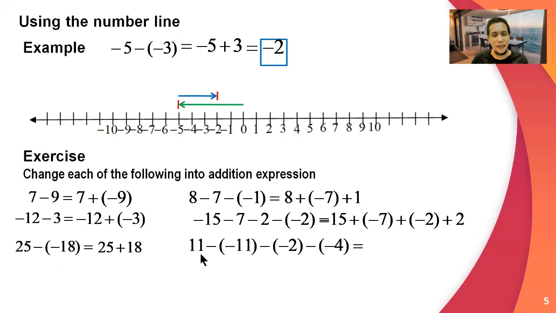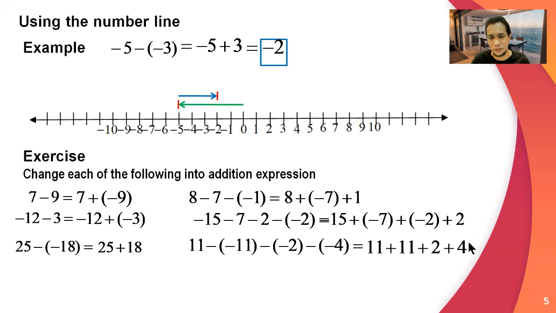All right, 11 minus -11 minus -2 minus -4. So we have 11, minus becomes plus, -11 becomes +11, plus, -2 becomes +2, plus -4 becomes +4.